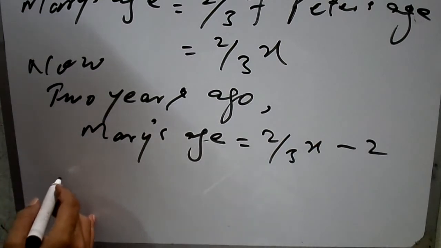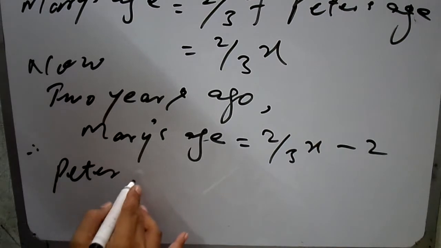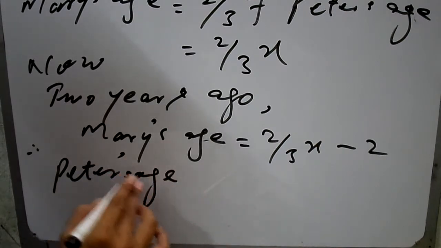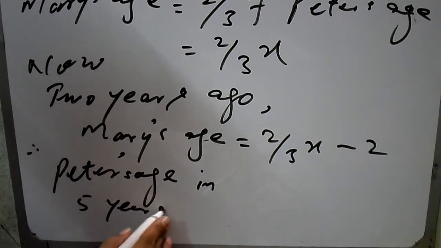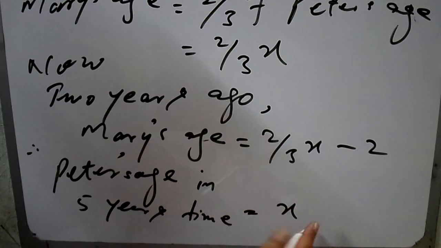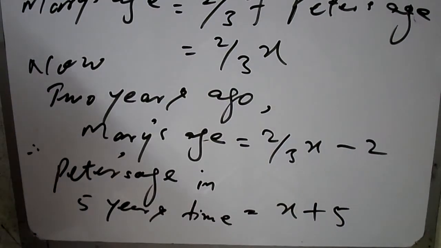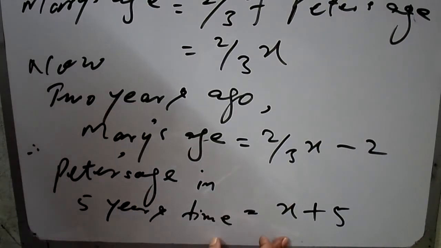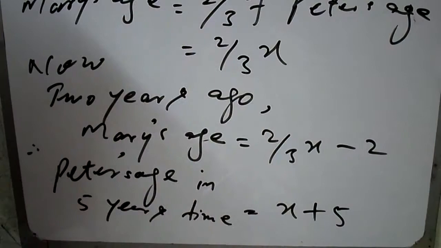Therefore Peter's age in 5 years time is x plus 5, because x is Peter's age and 5 years time means plus 5 years.